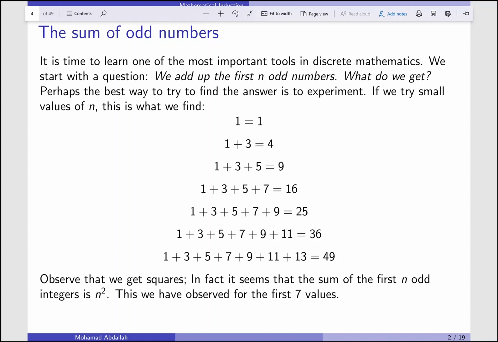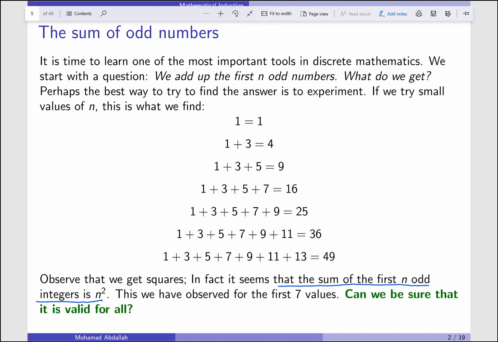We need to prove this for an arbitrary n. So that's the main question. Can we be sure that this is valid? Because here it seems that the sum of the first n odd integers is n squared. I want to prove this claim. But again, we cannot prove this by examples. We need a new tool.